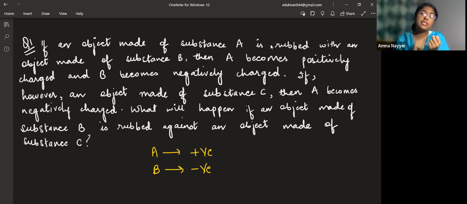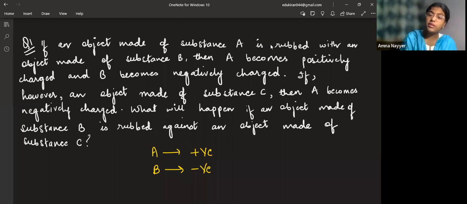So if A is allowing electrons to move, for itself becoming positive, it means electrons are weakly bonded, right? Then only the electrons are able to escape from A. Otherwise, if it had a very strong bond, it wouldn't allow the electrons to move. It wouldn't have become positive.